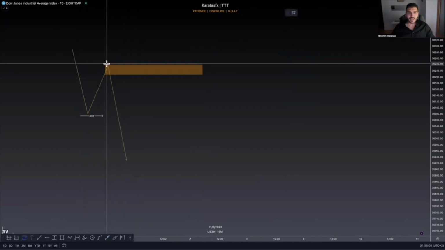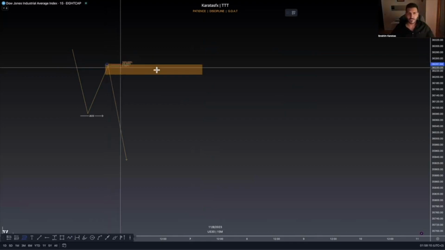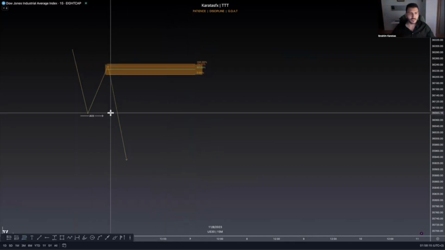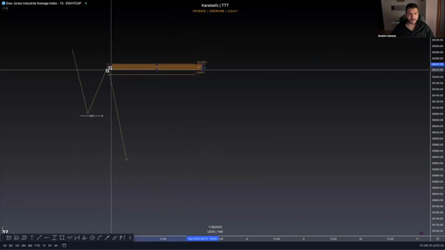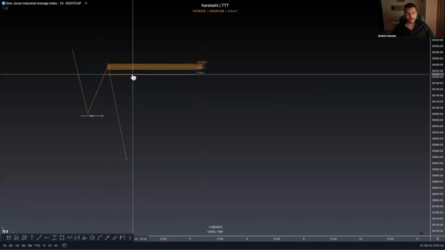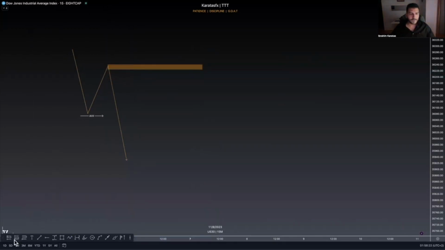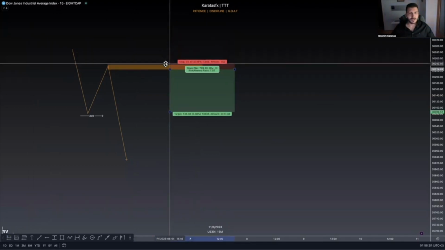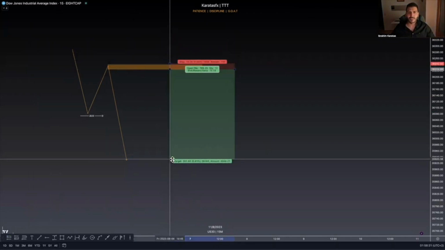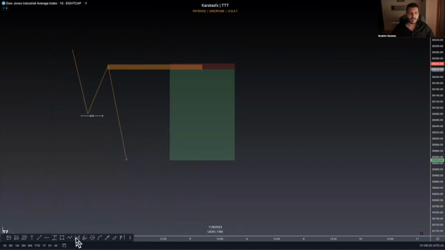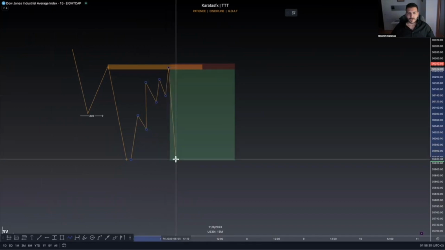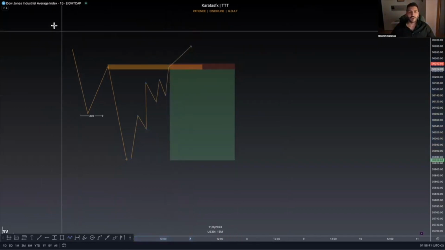The second entry type is called 50% of the zone, which means you can take your Fibonacci and put it on your zone and refine it to the 50% so that you can remove the fib and set your limit at 50% of the zone and SL again a little bit above the supply level. So when the market comes back up, it triggers you, you can make profits, or you're going to lose a trade.